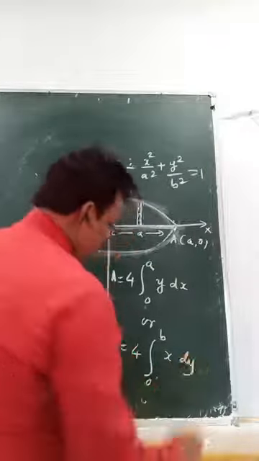How is the area? Look, just now I did y square equals to 4ax. This curve is like this. You have to remember it passes through the origin. Okay. So y square equals to x means our curve is like this. So these are the x values.